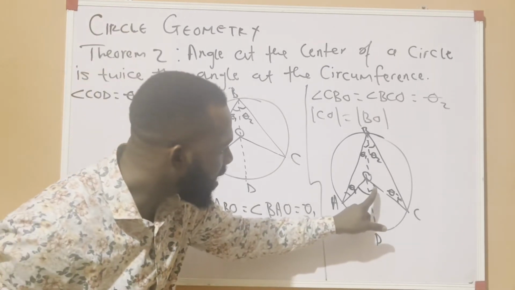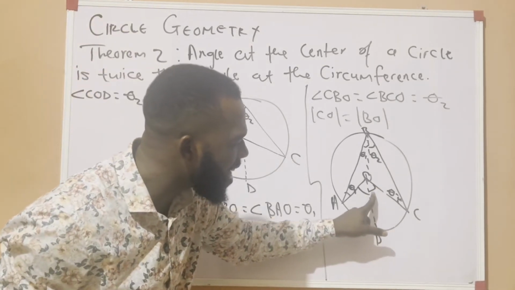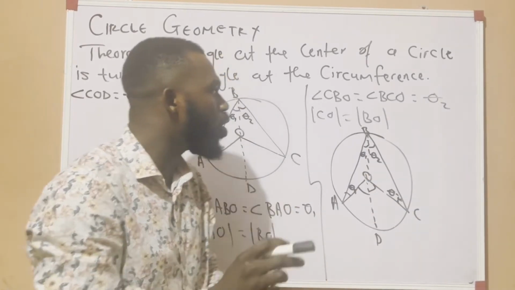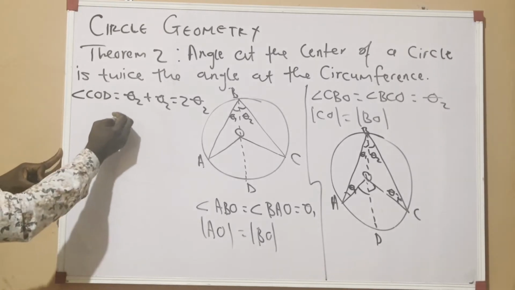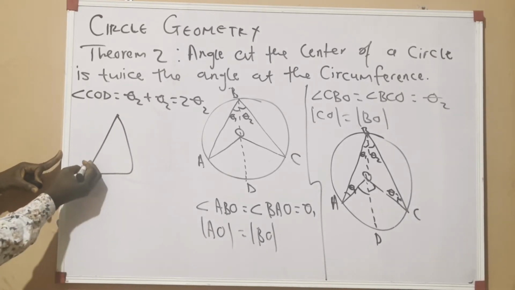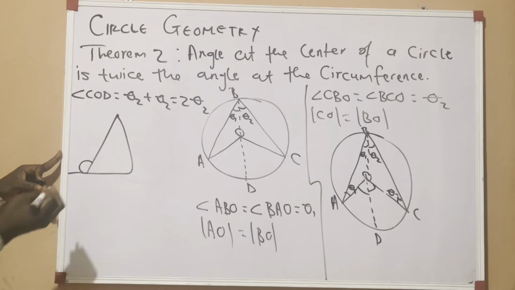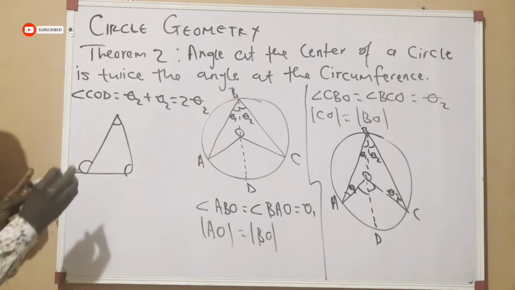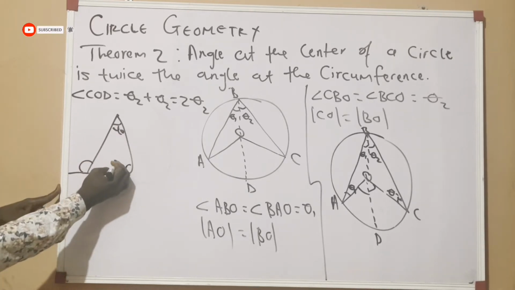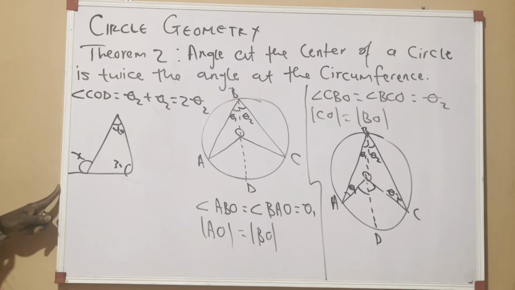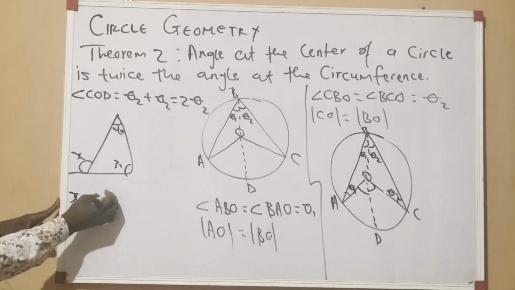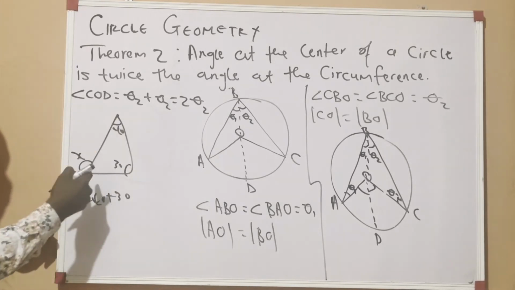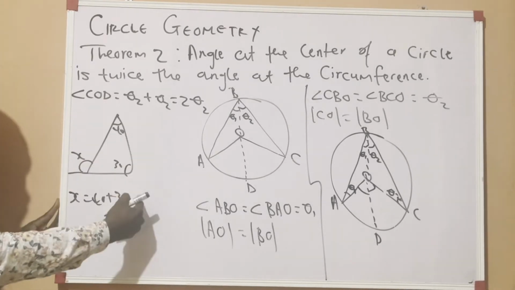Now watch. The angle here is an exterior angle of this triangle, BOC. So according to this law, which says the exterior angle of a triangle is equal to the sum of the opposite interior angles, if here is 40 and here is 30, and we are told to look for x, it means x is equal to 40 plus 30, because the theorem says the exterior angle of a triangle is equal to the sum of the opposite interior angles.